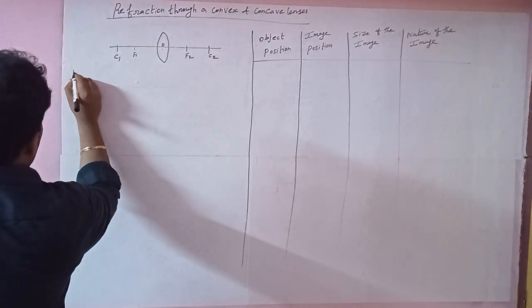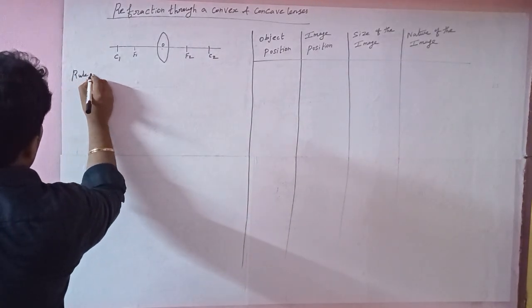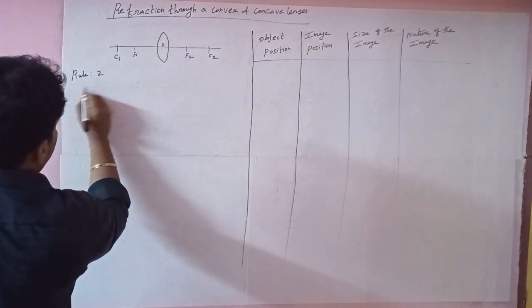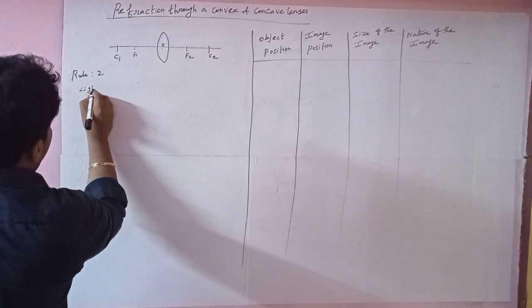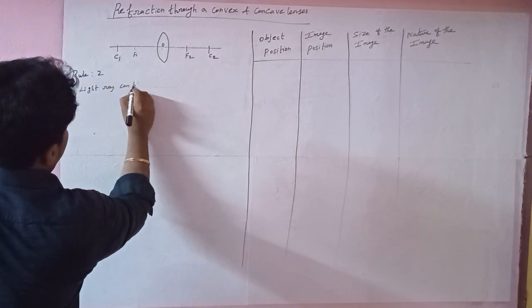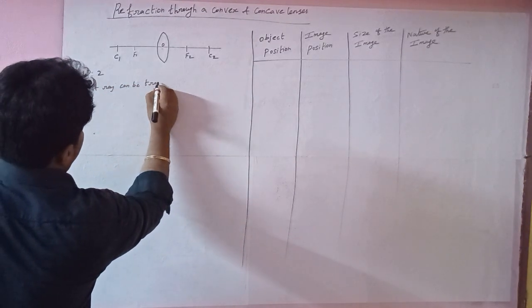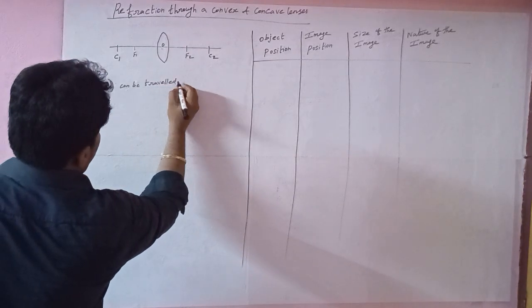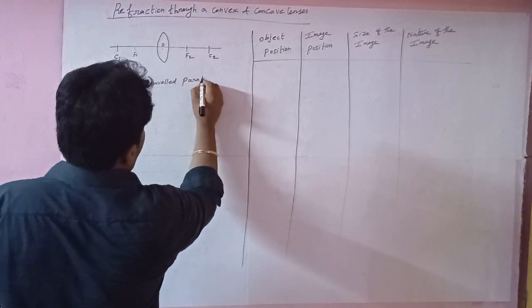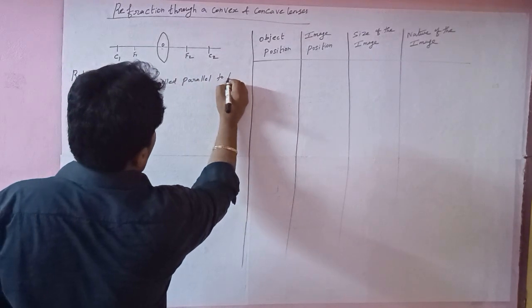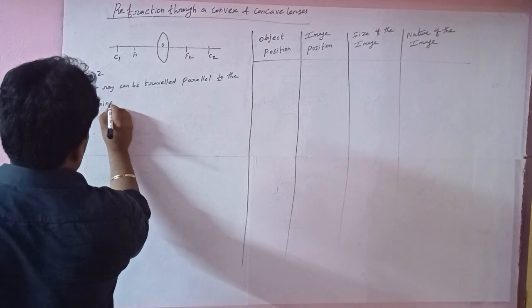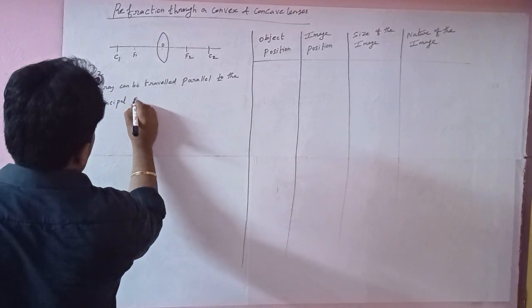Rule 2. For example, what is rule 2? The light ray can travel parallel to the principal axis.